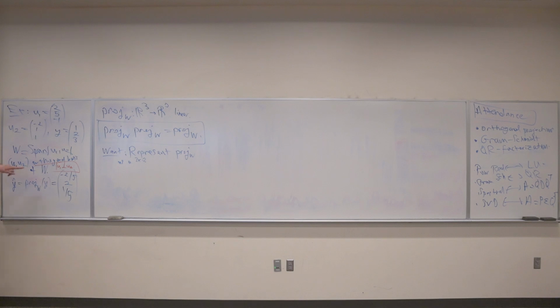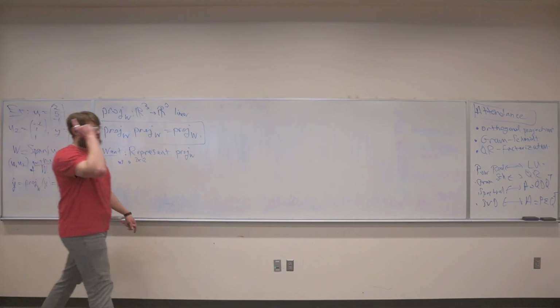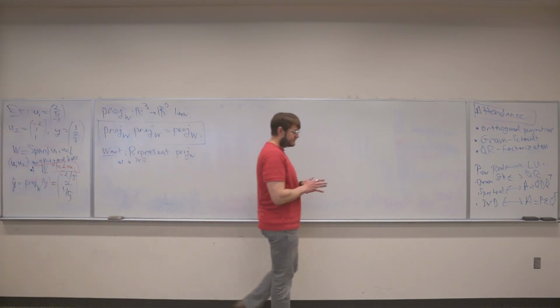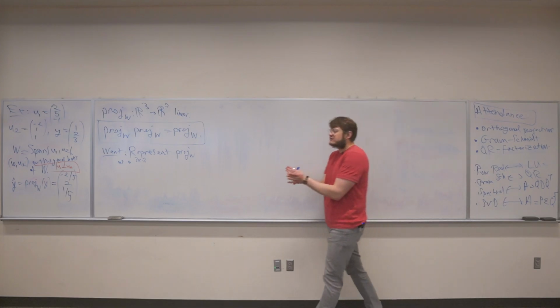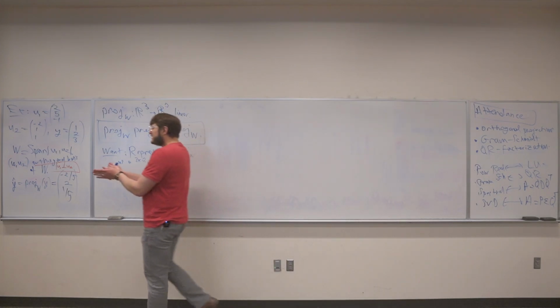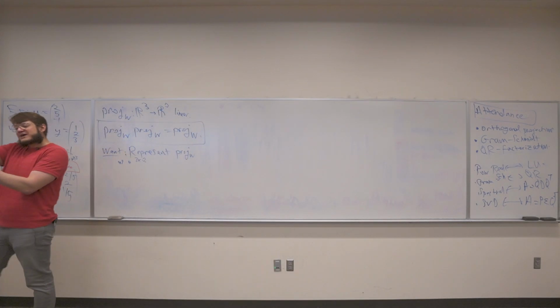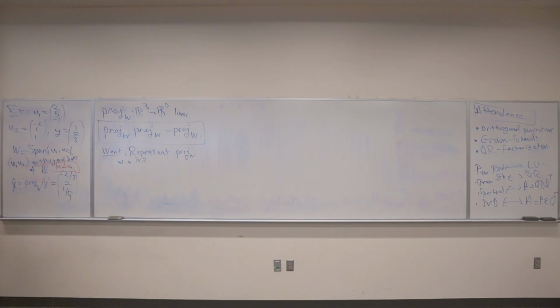And so using this idea, we were able to come up with the formula for y hat. What did we say? Well, if I'm trying to project orthogonally onto a two-dimensional space, insofar as I have an orthogonal basis for that subspace, I can first project onto this basis vector, then onto this basis vector, which I know from before. Then I can just add these two components up. That's what we did last time.